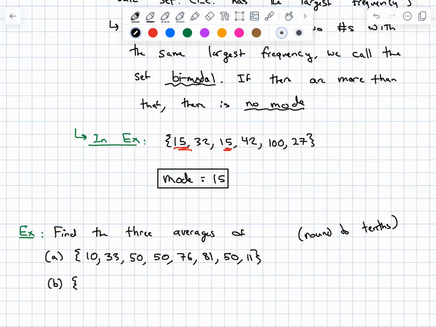All right, and this set, ready, is 5, 5, 5, 5. That's it. There's only 5, and then 11, 12, 7, 15, and 13.